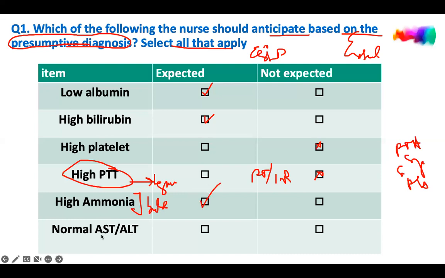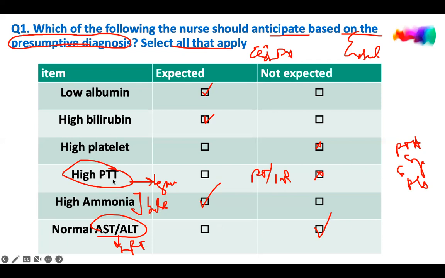And then normal AST, ALT. These are liver function tests, what we call LFTs. If your liver is cirrhotic or end stage, your AST and ALT will be elevated. So normal is not expected. You're going to have high levels of AST, high levels of ammonia.